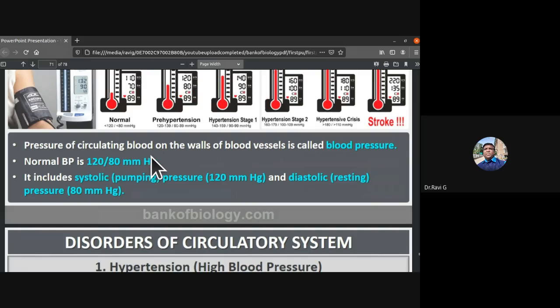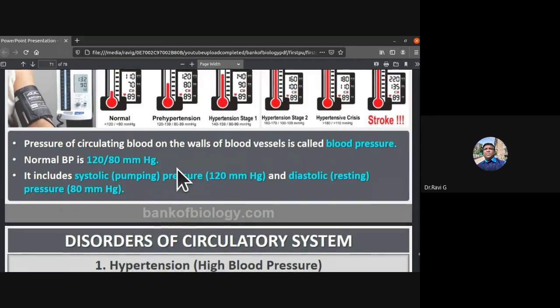The pressure of circulating blood on the walls of blood vessels is called blood pressure. Normal blood pressure is 120 by 80 millimeters of mercury.